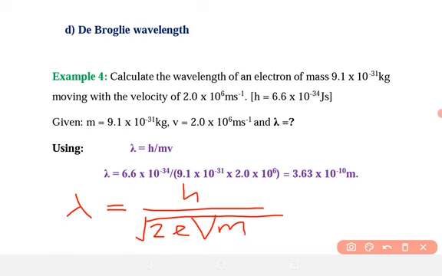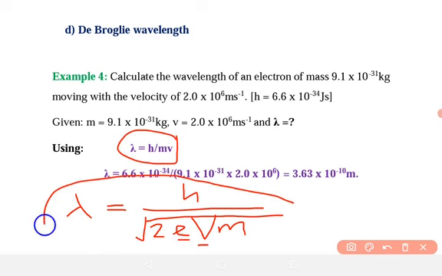In this one, this V here is not the speed. This V here is the potential difference, that is the voltage. When the voltage is given instead of speed, we can make use of this. And this e here is a constant, the electronic charge, and it will be given whenever it is needed. So sometimes the parameter given in a question may make us consider this formula, and this formula also represents the de Broglie wavelength equation.